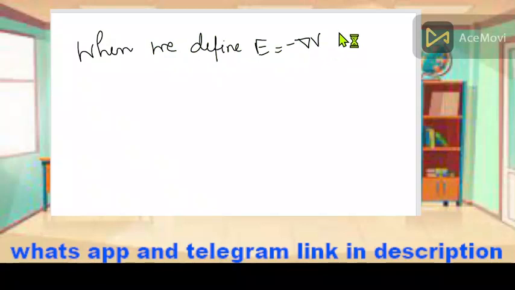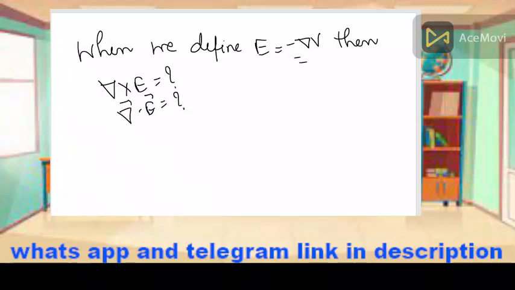Now when we have defined electric potential, when we define E as minus del V, then what will be del cross E and del dot E with this definition?